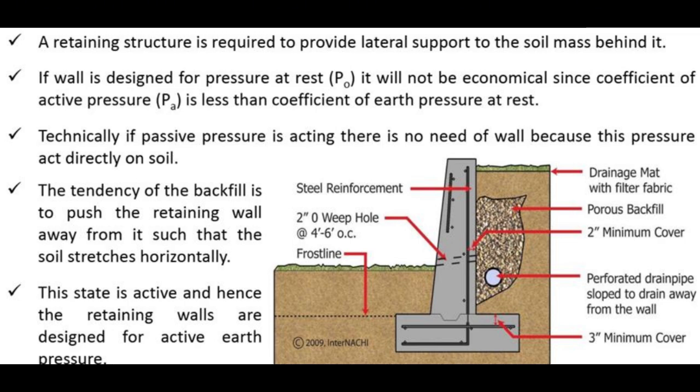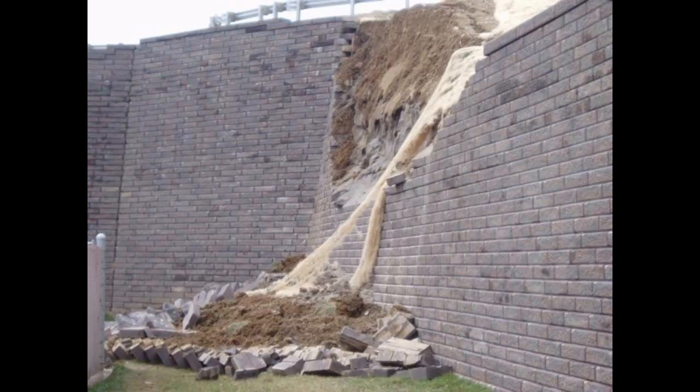This wall is going to be acted upon by both active and passive pressures. Also, the tendency of the backfill is to push the retaining wall away from it, such that the soil stretches horizontally. We also have a case of overturning of the cantilever, and a case where there is a retaining wall failure.